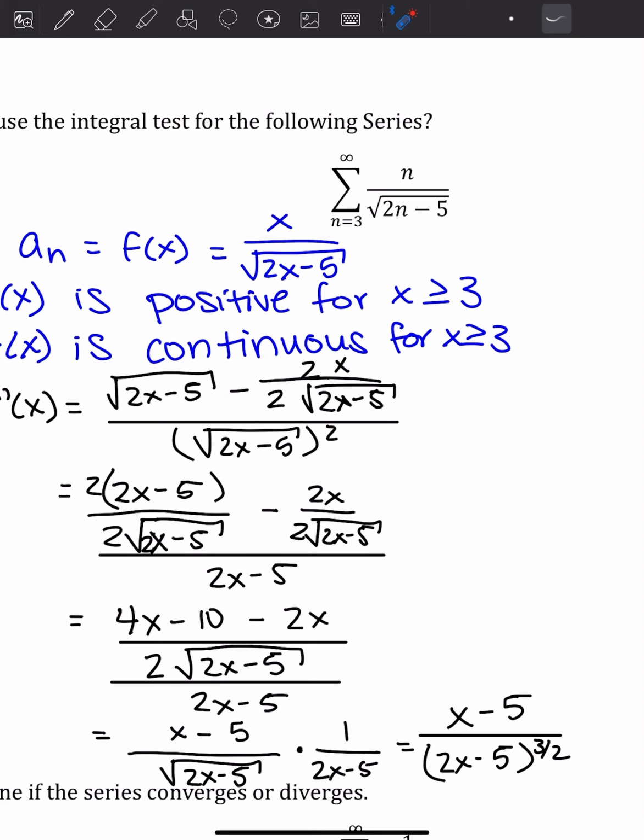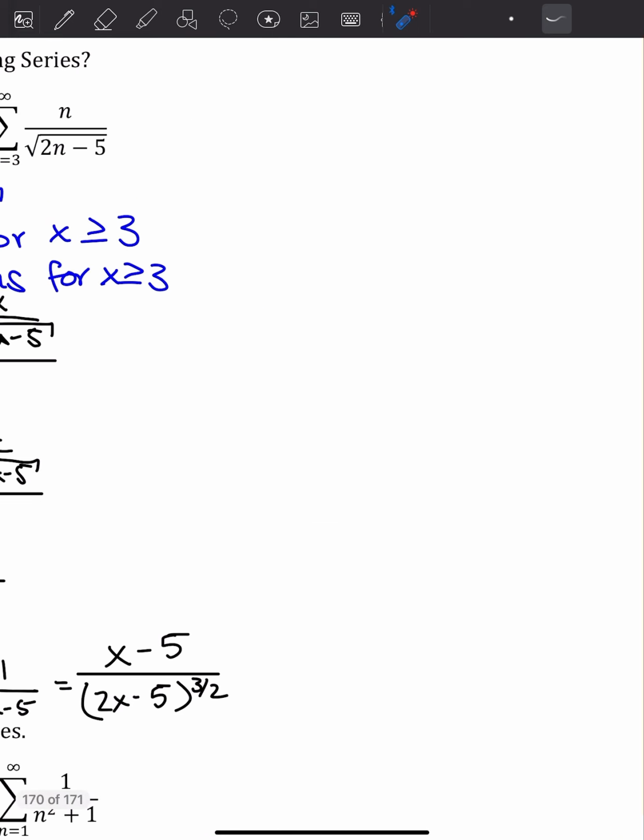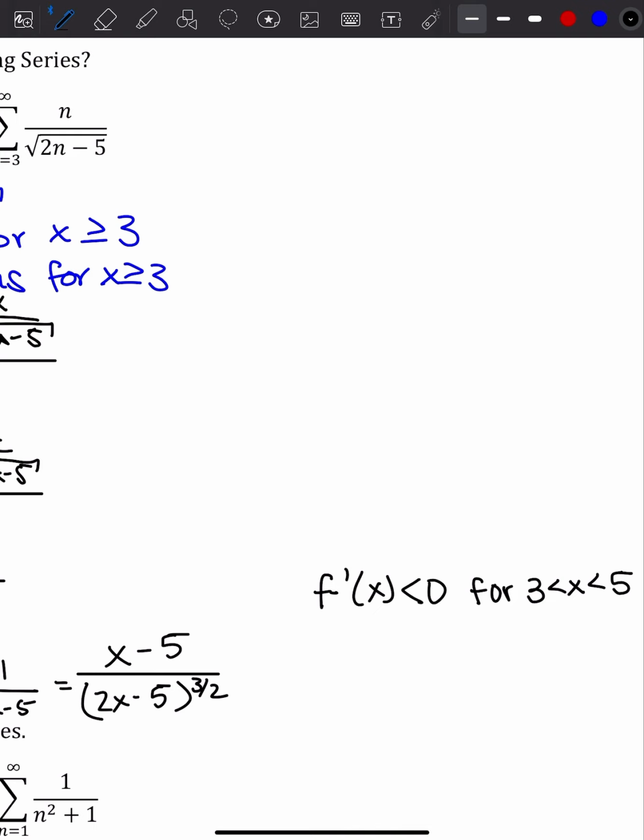And because we have x minus 5, our numerator is only really going to give us a negative when we are between 3 and 5. So f prime of x is negative, or less than 0, for values between 3 and 5, and we are positive for values bigger than 5.